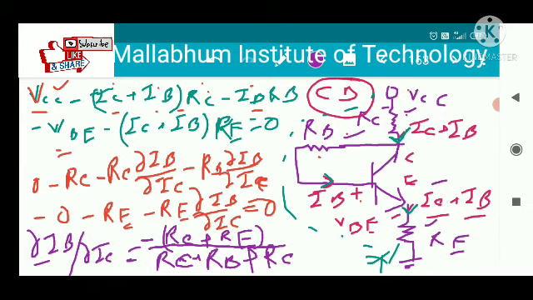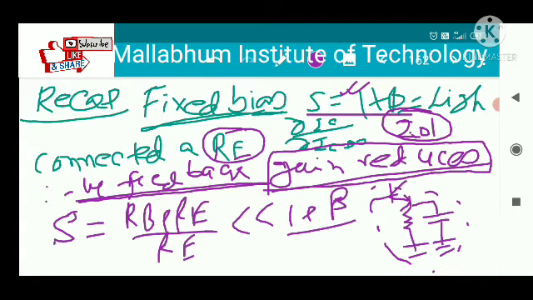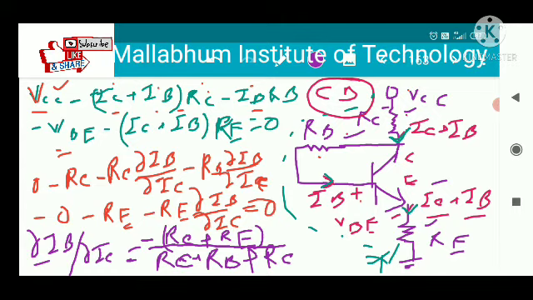But one problem arises in this configuration, that is the feedback problem, because here you can see this is the feedback path, RB. The output signal is fed back to the input. That is a problem.